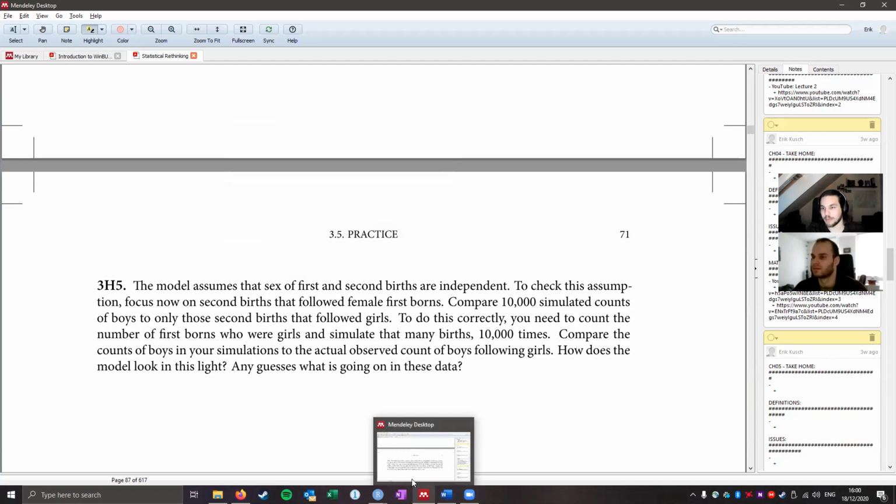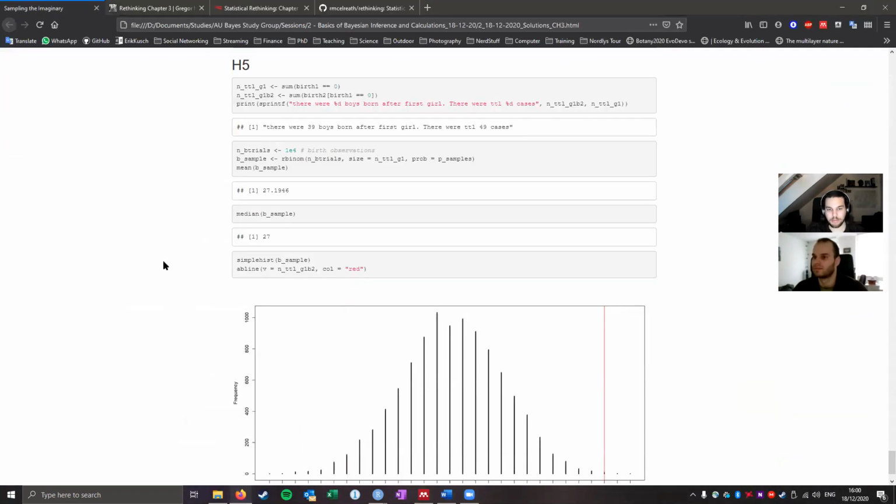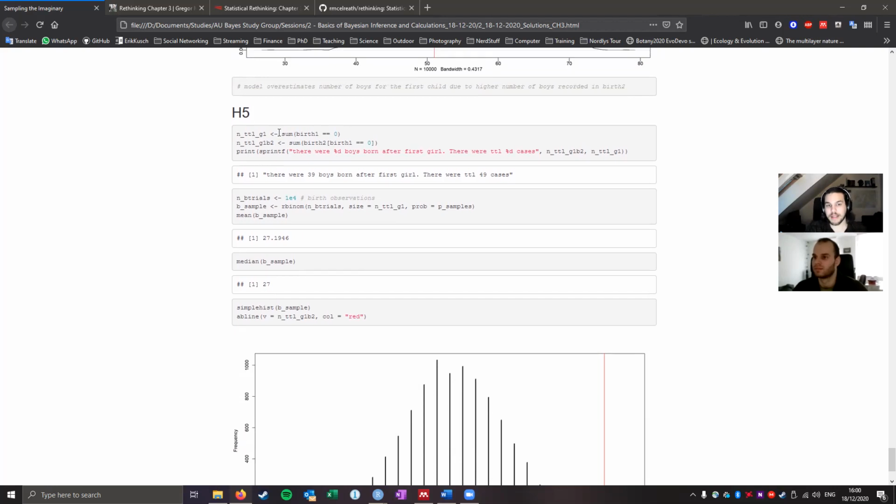This is clearly about correlation between different sexes upon birth. So what I do here is I identify how many girls there were in the first birth string. Then I identify how many were boys following girls in the second birth string.